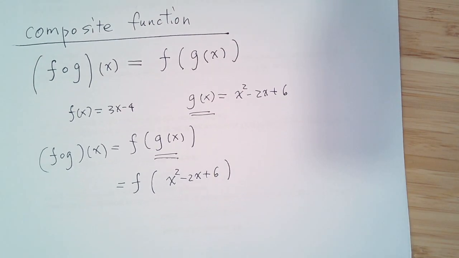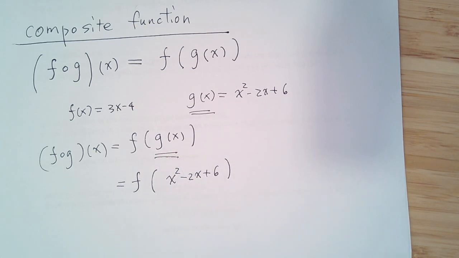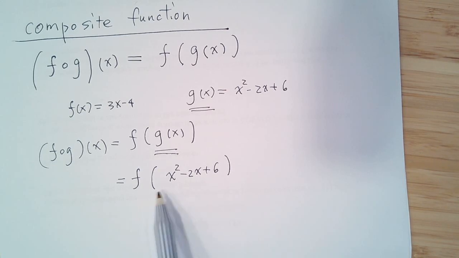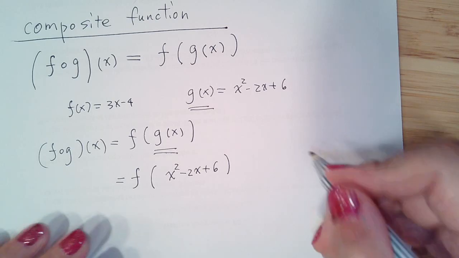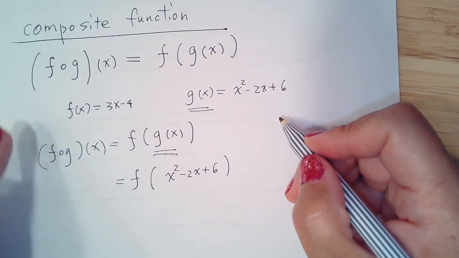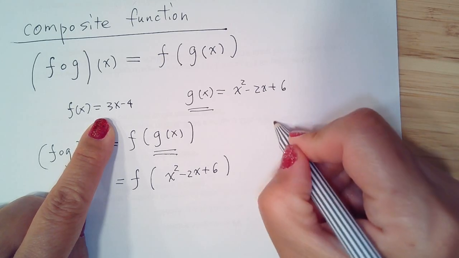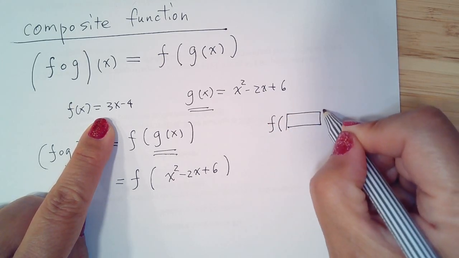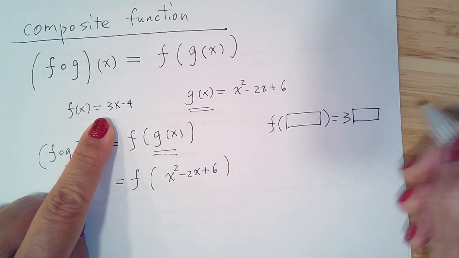Is that okay with you? Starting from inside, just substitute the given function. So instead of f of g, you have f of x squared minus 2x plus 6. Now go back to here. You have f of x is 3x minus 4. Remember long time ago I said f of something is 3 times that thing minus 4?